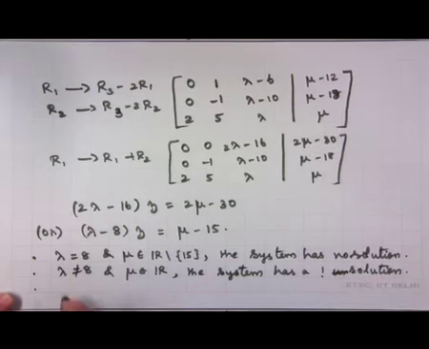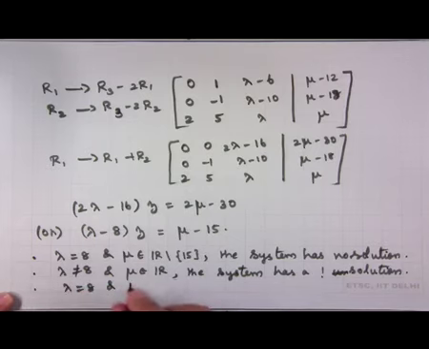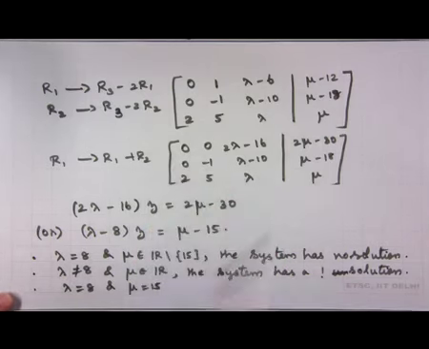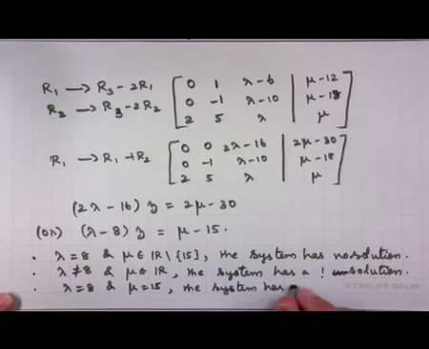And finally, if lambda equal to 8 and mu equal to 15, if both these cases arise, which means the first row completely becomes 0. In this case, the system has infinite number of solutions.